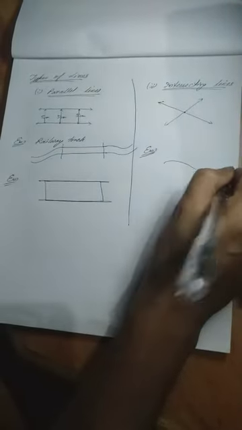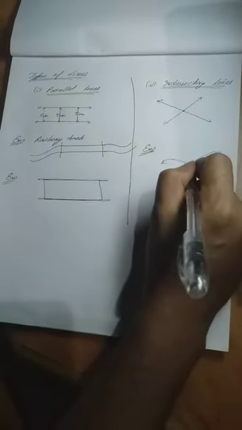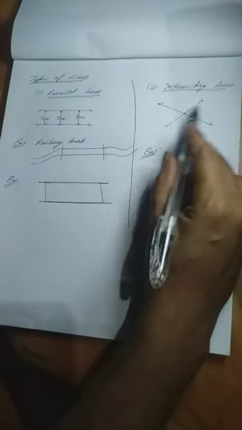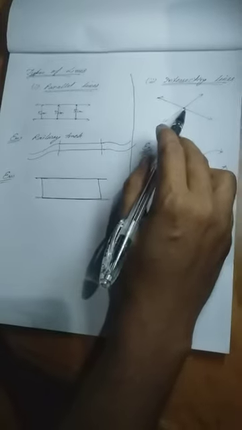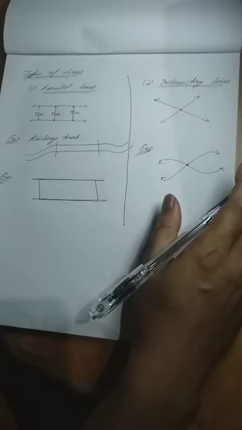Say this is a curved line and this is a curved line. These two curved lines intersect at a point. So those types of lines, where the lines intersect each other at a point, are called intersecting lines. I hope you are clear enough.